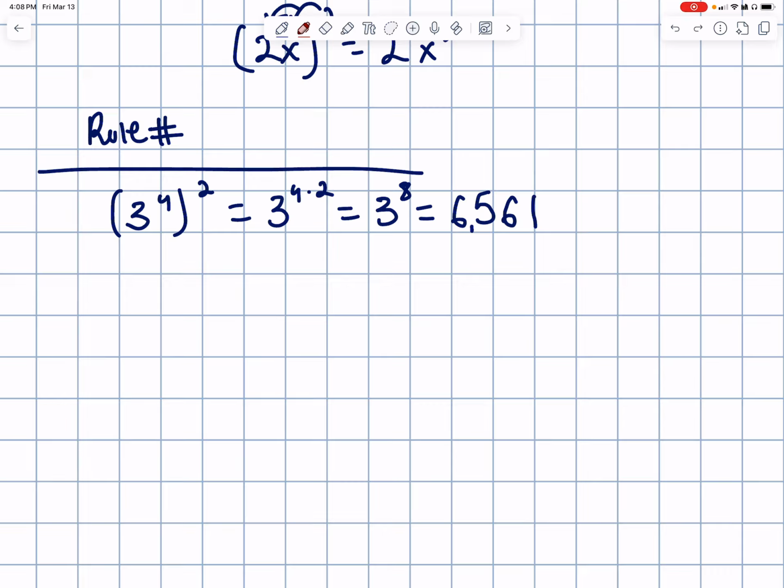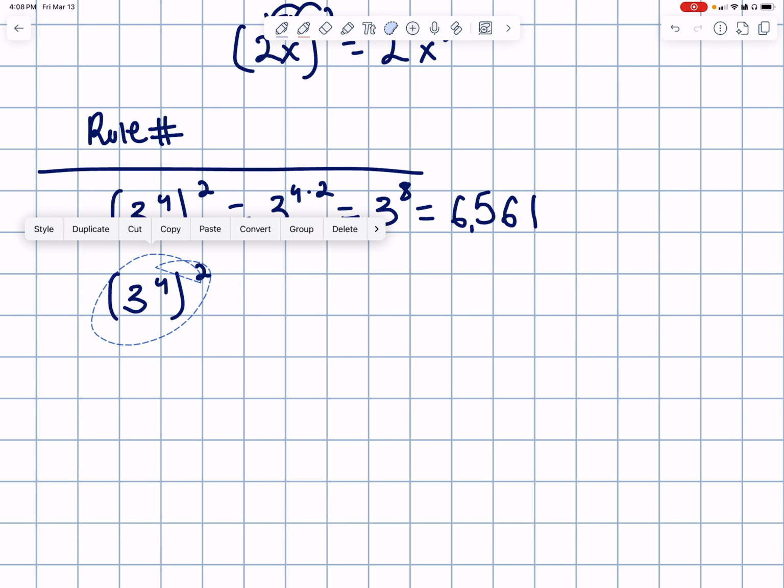As well, you could do this for those that want to do things differently. I'm going to copy this, so I have to rewrite it. What's 3 to the 4th power?